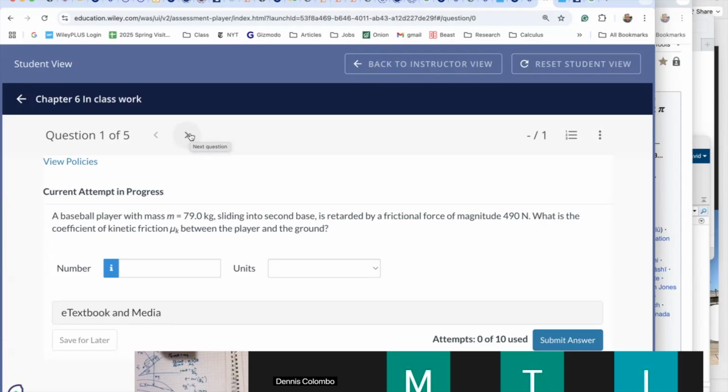Why don't we take about 2 minutes, everybody start working on this problem, and then we'll meet back together and go through it real quickly.